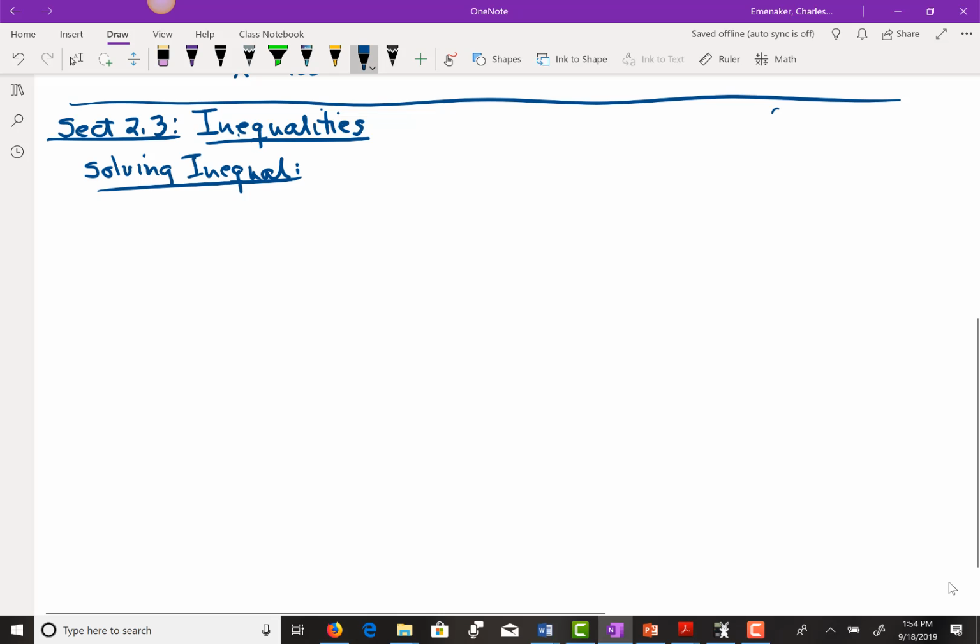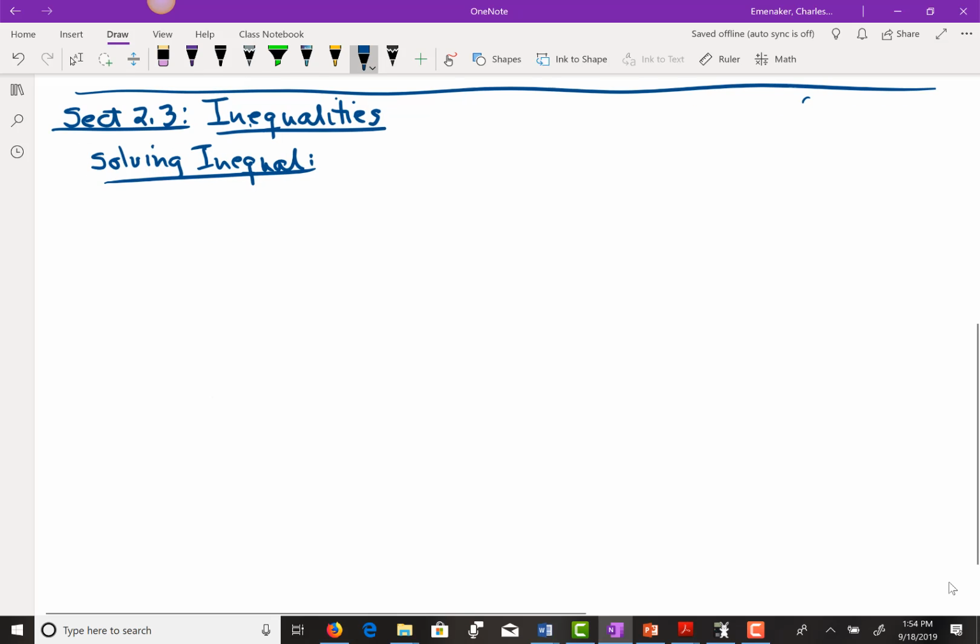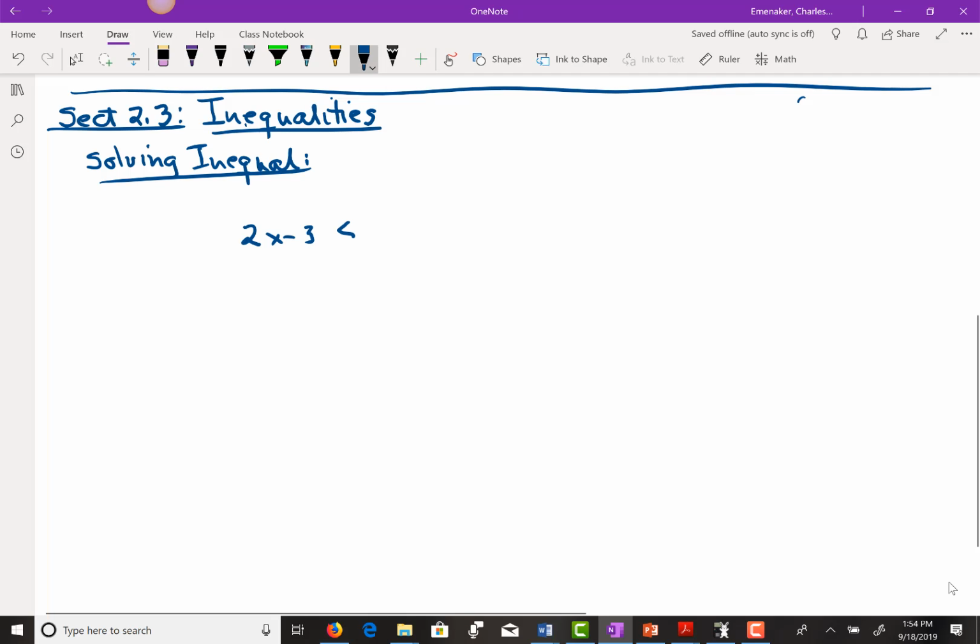Okay. Let's say I have something like this. Say I have something like 2x minus 3 is less than x plus 2 over a negative 3. What's your first move?